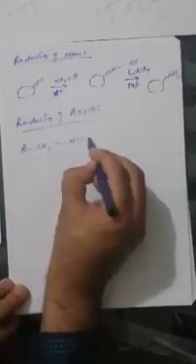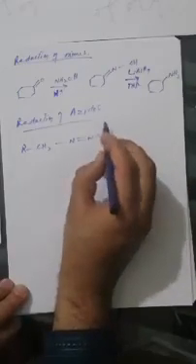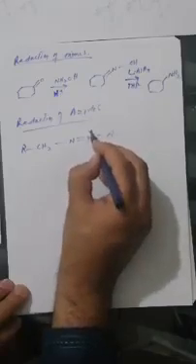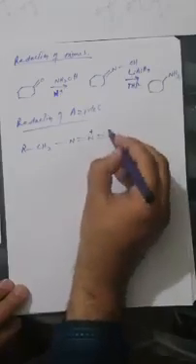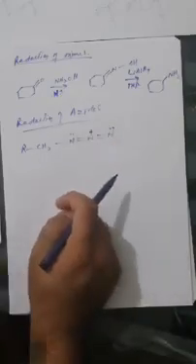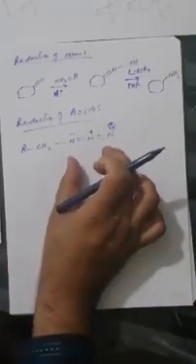Azides are those organic compounds that contain this azide group. This is the azide group. This nitrogen gets a negative charge. This is an azide group.